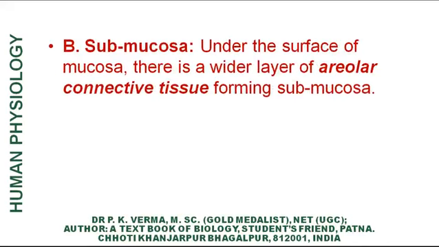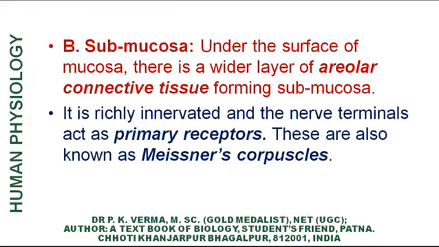The second tissue is submucosa, mostly made of areolar connective tissue. It is richly innervated, and the nerve terminals act as primary receptors. These are also known as Meissner's corpuscles. These terminals remain just under the surface of the mucosa layer.